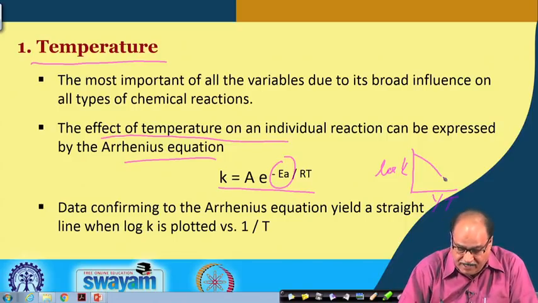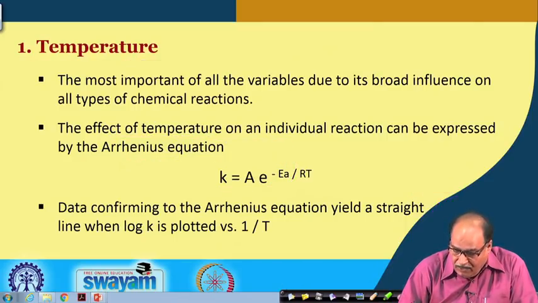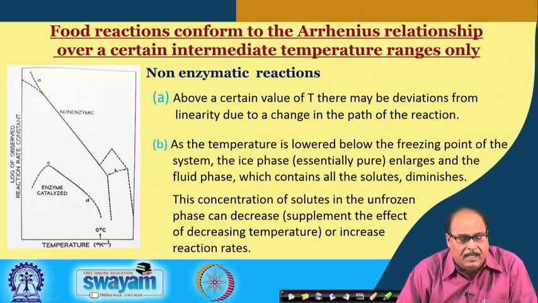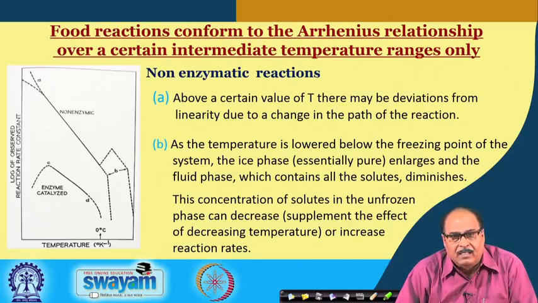This is well established as far as chemical reaction kinetics is concerned. However, in food reactions, it has been seen that the components of the food usually conform to the Arrhenius relationship over a certain intermediate temperature range only.